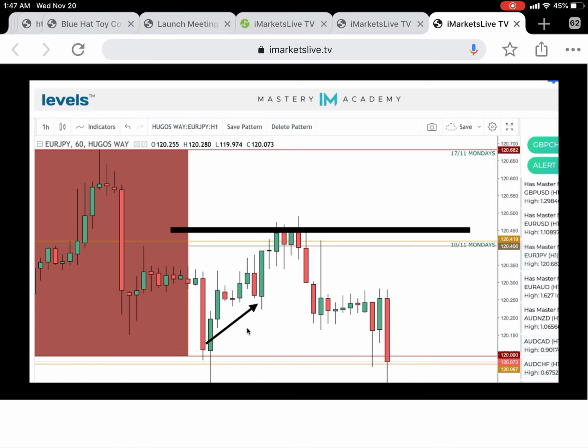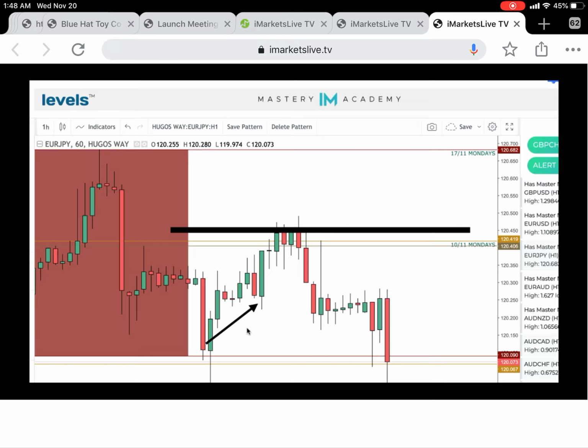Now, let me test all of you on this call right now to see if you truly understand where our entry point is. Take a very close look at the market right now. The top black line horizontal is my head, and then where the arrow is pointing, my swing low.